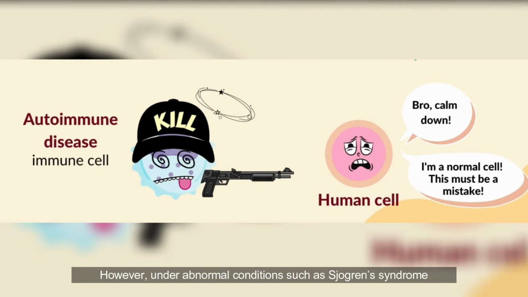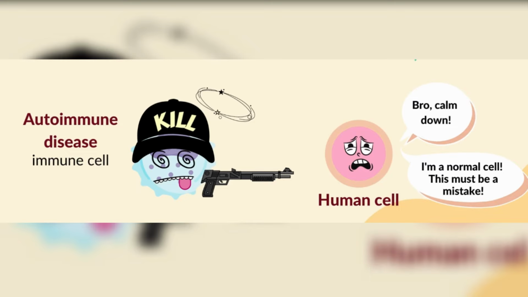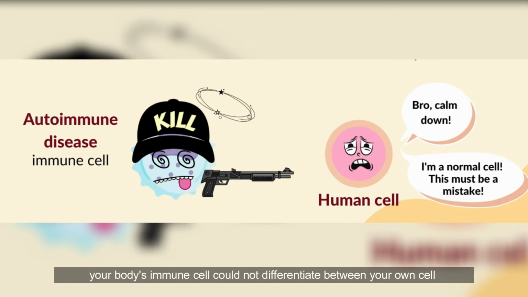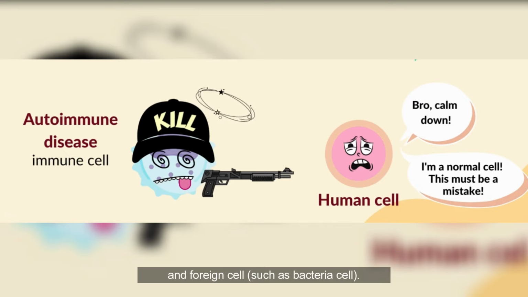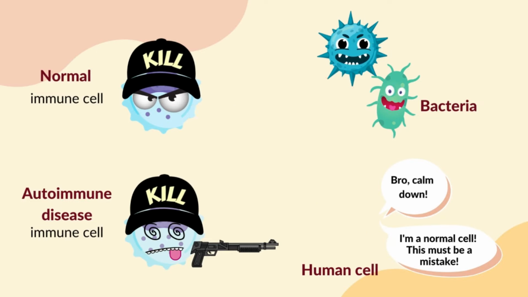However, under abnormal conditions such as Sjogren's syndrome, which is an autoimmune disease, your body's immune cells cannot differentiate between your own cells and foreign cells such as bacterial cells. Thus, your body's immune cells will mistakenly attack your own body cells.